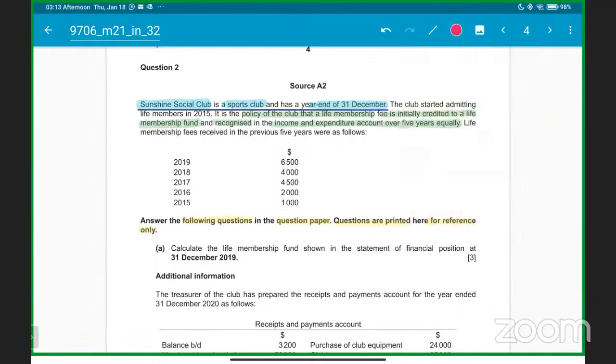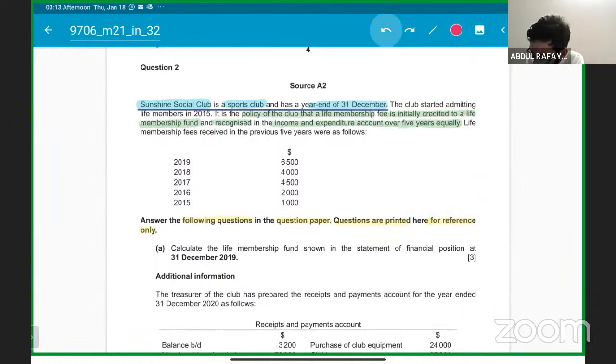Everyone following what we have to do: the life membership fund is there, and there is a life membership fee. It is the policy of the club that the life membership fee will be credited to the life membership fund account and recognized in the income and expenditure account over 5 years equally.